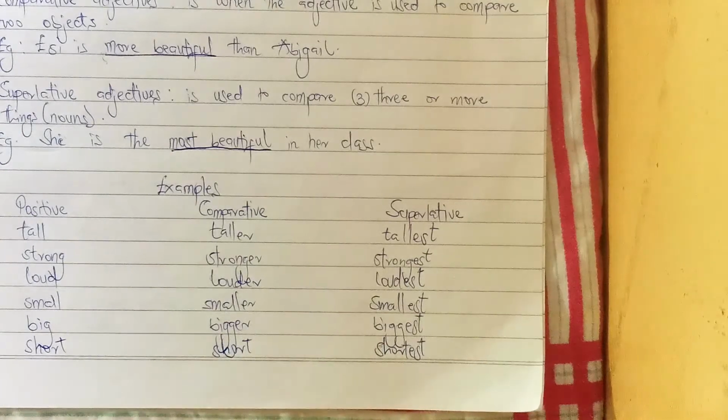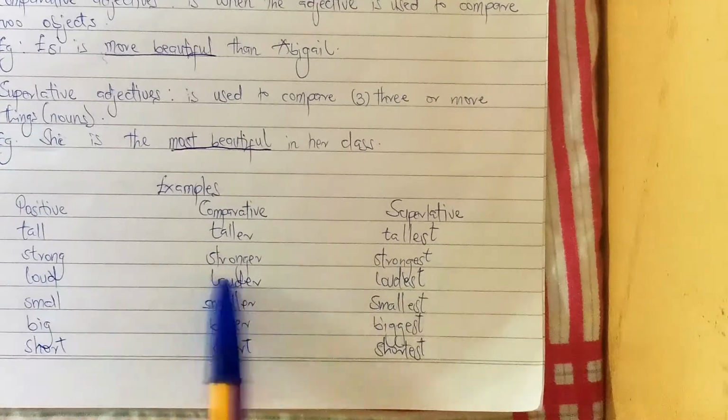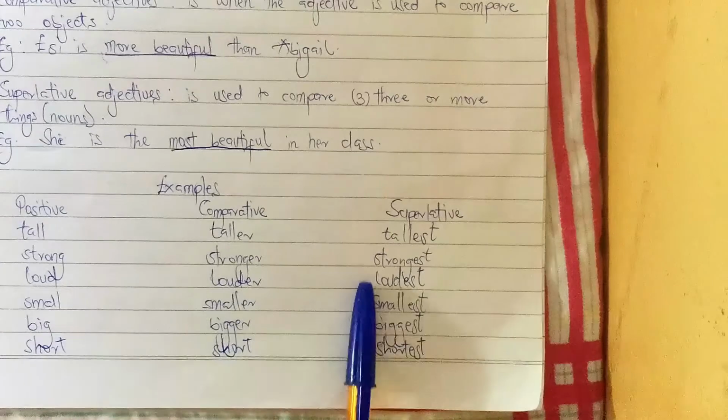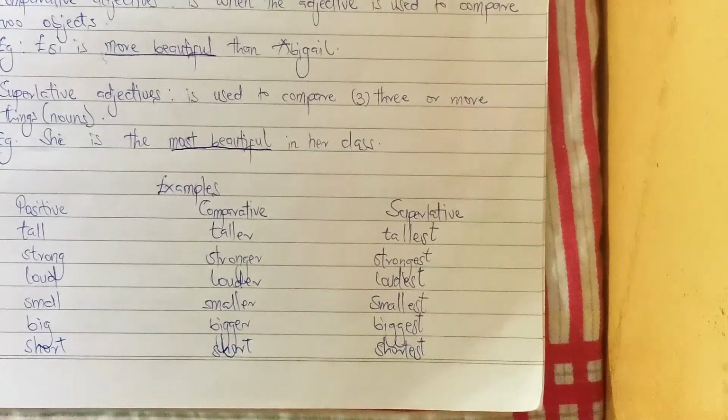So these are examples under the very first rule or first condition. Tall, taller, tallest, strong, stronger, strongest, loud, louder, loudest, small, smaller, smallest, big, bigger, biggest, and short, shorter, shortest. There are so many examples. We should remember that we said major word classes do not have an end. There are so many examples under major word classes, so there are so many examples under this particular condition.